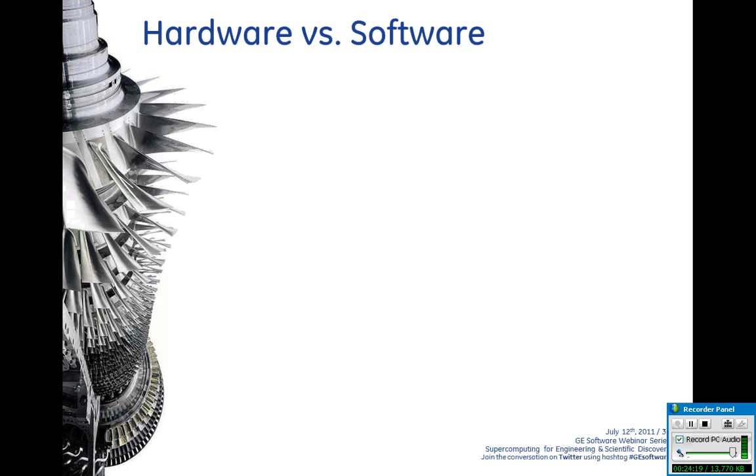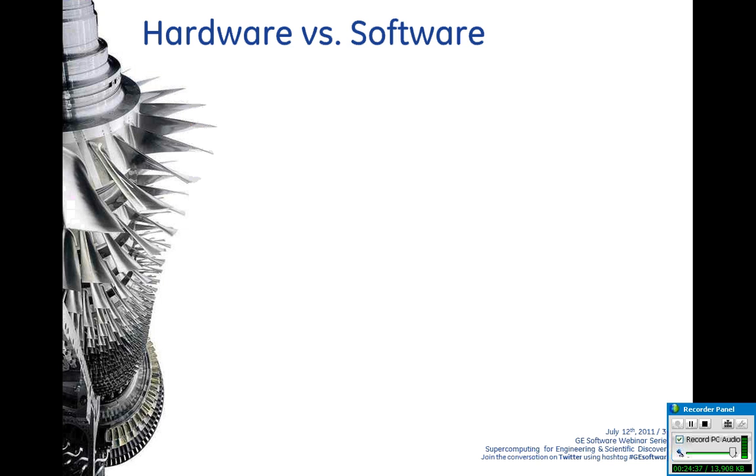Okay. So now I'd like to talk a bit about the software and software challenges that are faced in addressing the needs here. So there's an interesting dynamic that seems to come out in the contention between hardware and software.